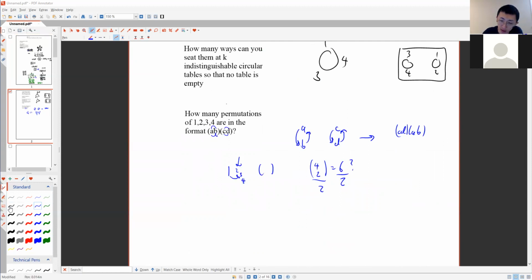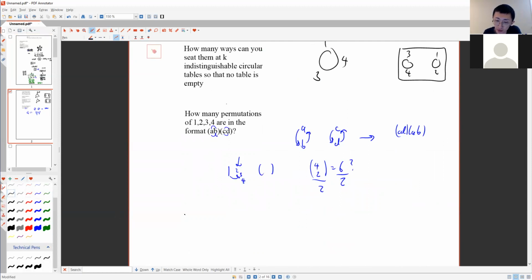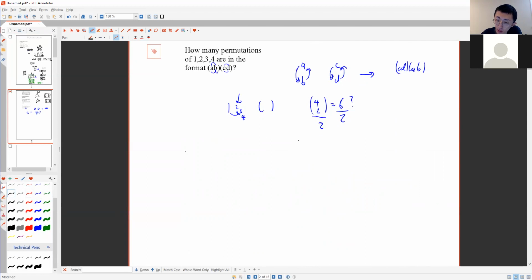Okay, so anyways, let's make a table of the Stirling numbers of the first kind. Let's say you have n and k, with n on the left. So C(0, 0) is defined to be 1.